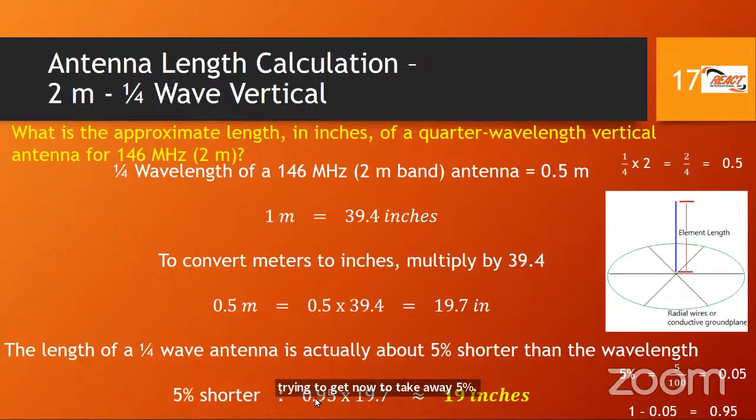So 95% is 0.95. We multiply 0.95 by what we got earlier, which is 19.7 inches. And when we do that multiplication, we get approximately 19 inches, which is the correct answer for this question. They've asked us what is the approximate length in inches, and that's the answer, 19 inches.